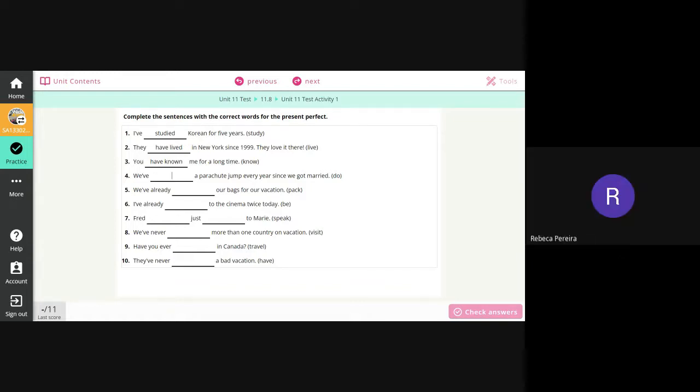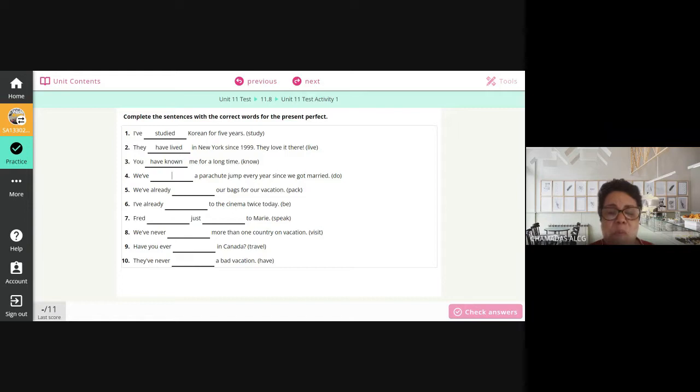It's irregular. Yes, the verb do is irregular. So I know that in the simple past, I say did. But how do I say it in the past participle?